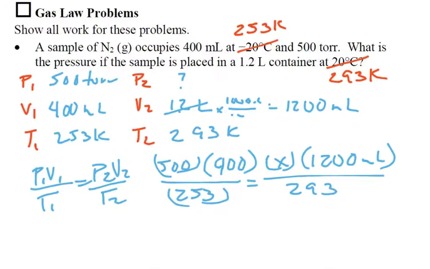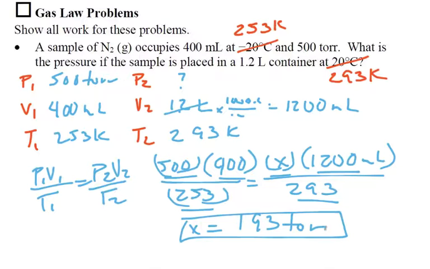So 500 times 400 times 293 is equal to 253 times 1,200 times X, and I'll solve for X. I get 193 torr for my answer. That's the first problem, 193 torr.